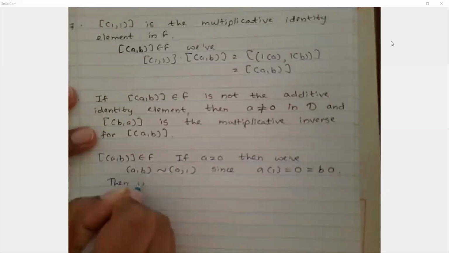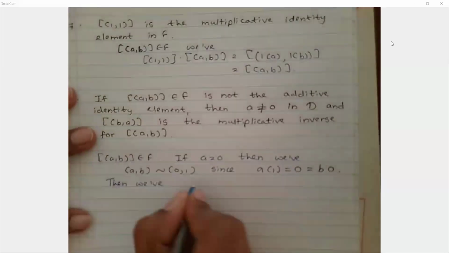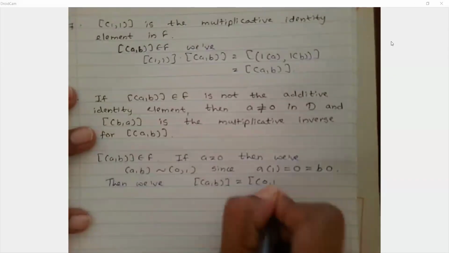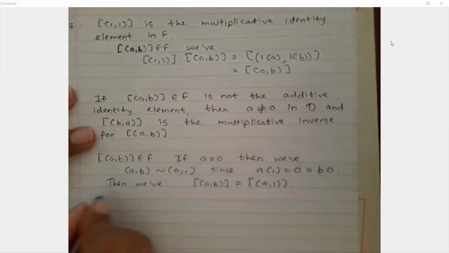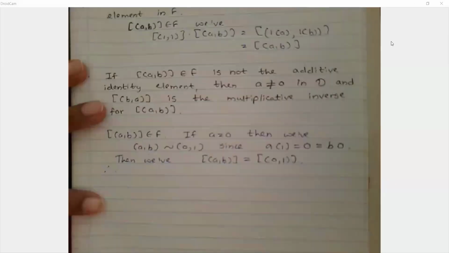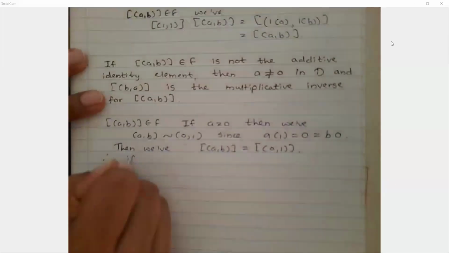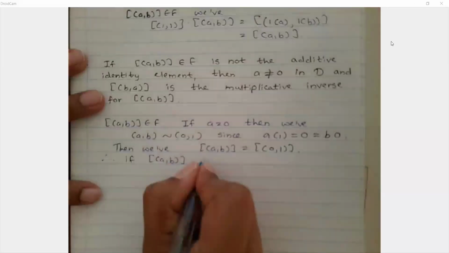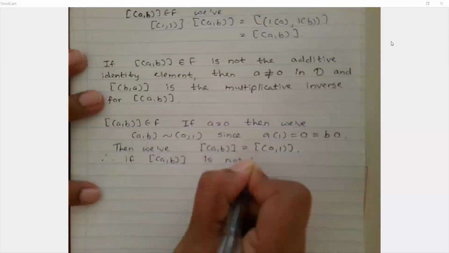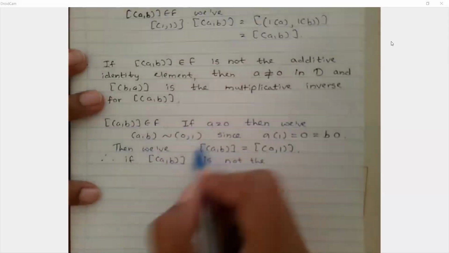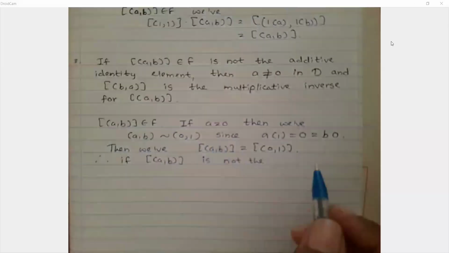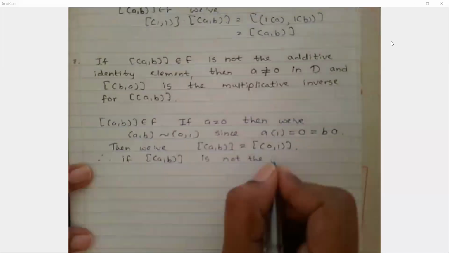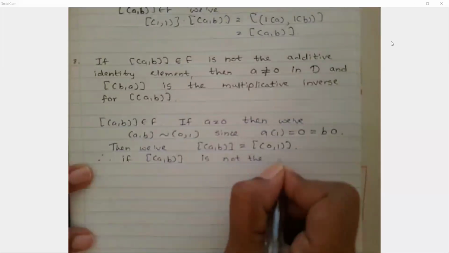Therefore, if this element is not the additive identity, so we're taking the contrapositive of this statement, right? Is not the additive identity.